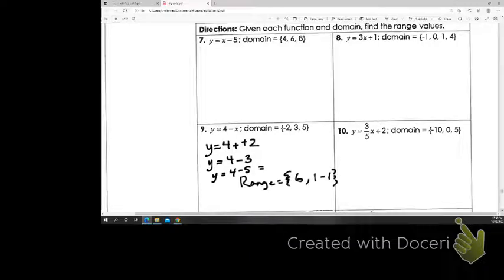Now, if you leave your answers like that, I'm not going to mark that wrong, but I do want you to recognize, like if you saw multiple choice, that this would probably be listed from least to greatest.